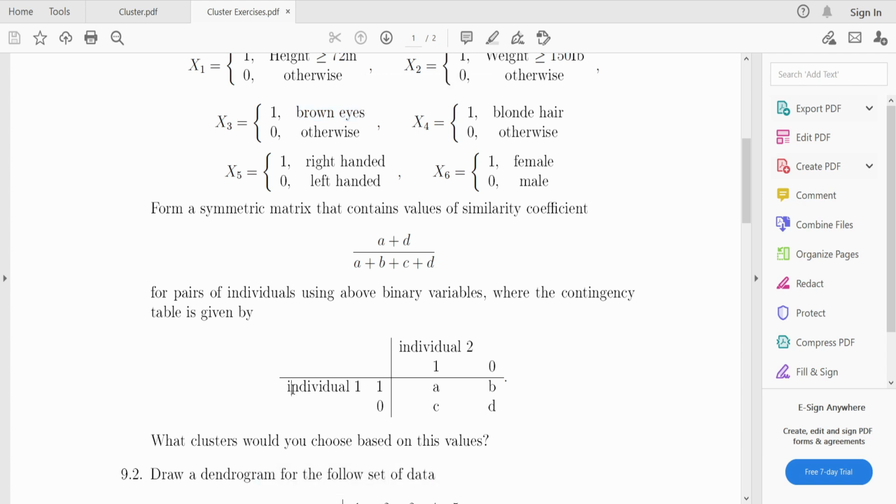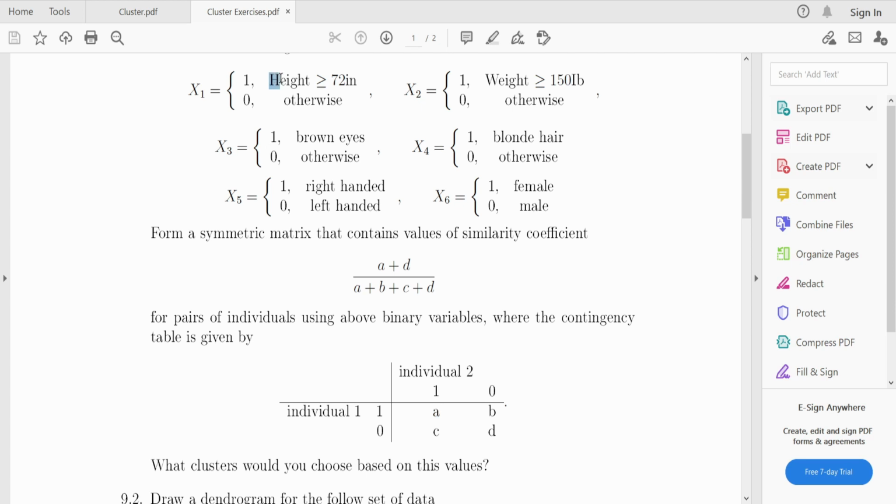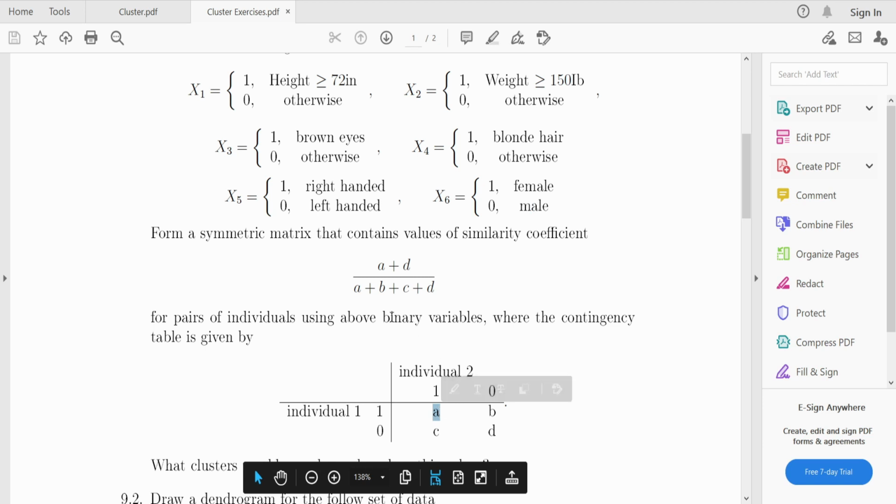So if individual 1 and individual 2 both have brown eyes, it is again a 1, 1 match. Then for A, for now we have 2. So A is 2. Why is A 2? Because both are higher than 72 inches, so we have 1. And both have brown eyes, so we have 1. So if we assume that they are both, for example, left-handed, weigh less than this, not blonde, male, then A is going to stay 2.